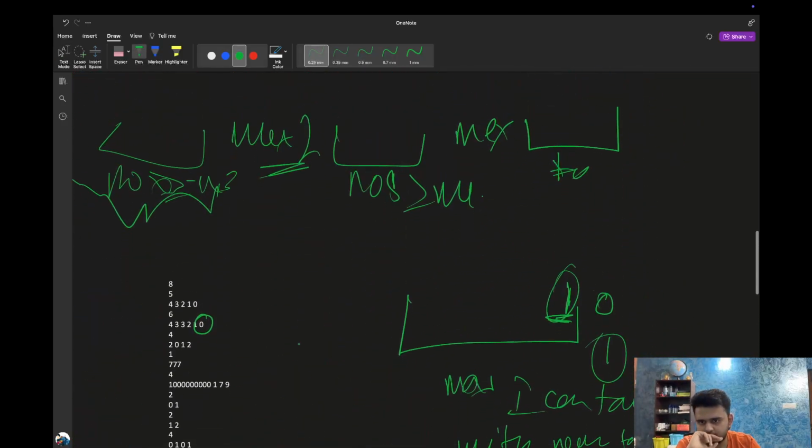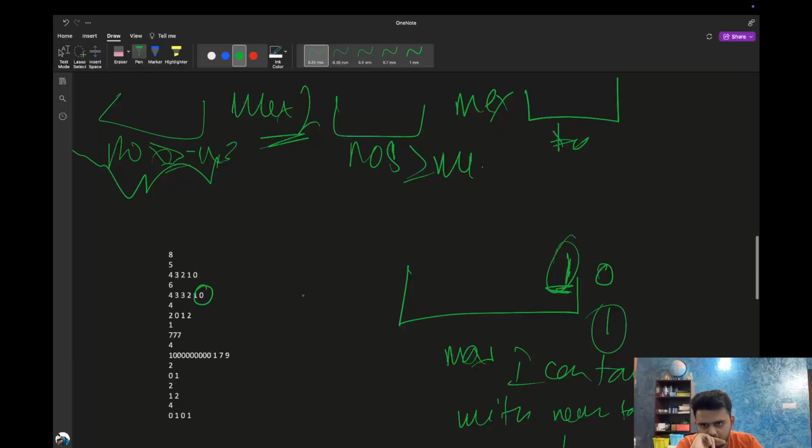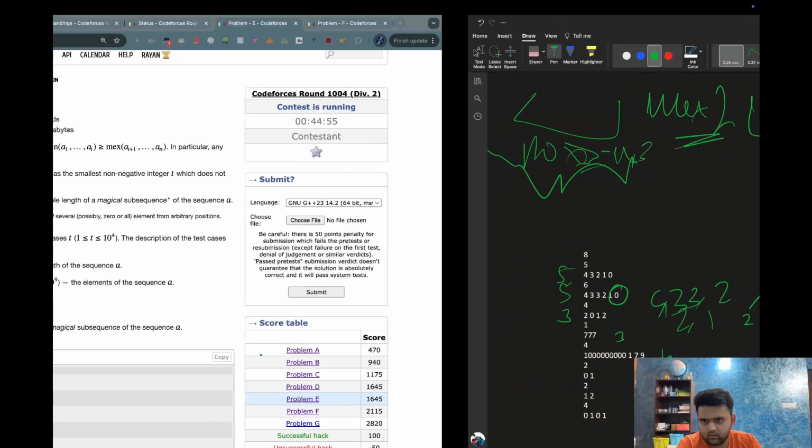Let me just look at these cases. So in this case I take 0, then I don't take 1, so 2, 3, 3, 4, so that's 5. So I take 2, I don't take 0, 2, 1, 2, that's 3, 3, 4, 5, 5, 3, 3.